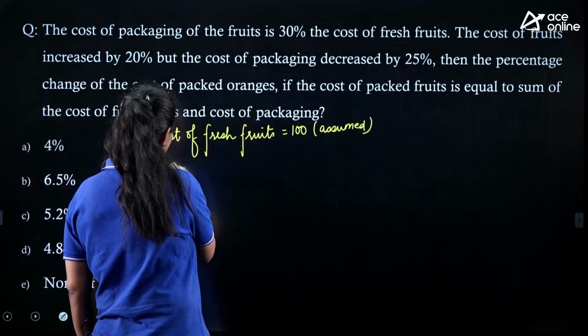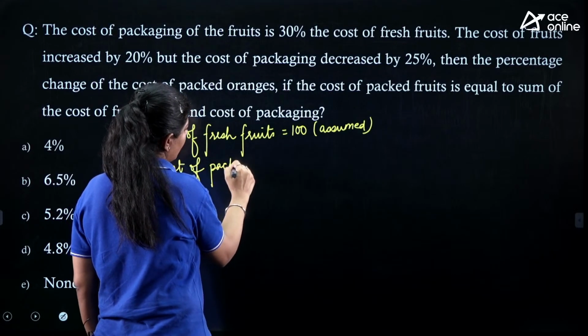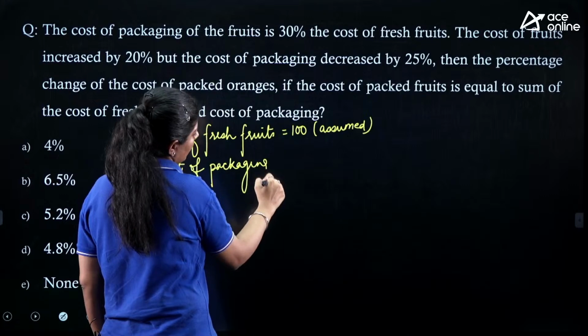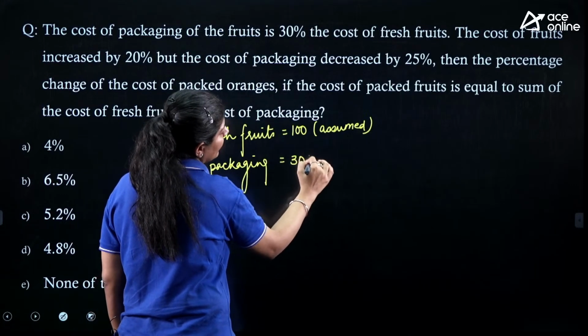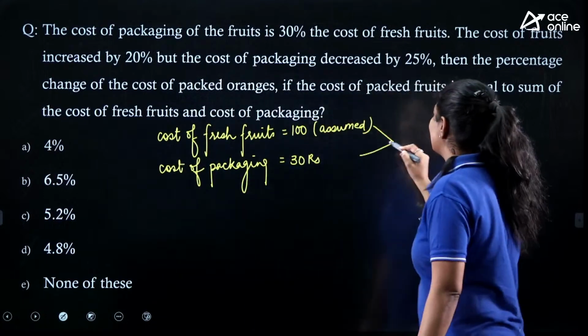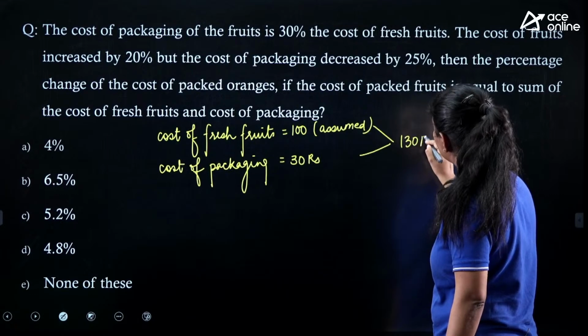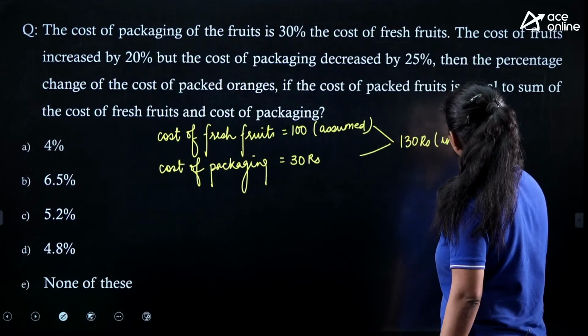So the cost of packaging is 30 rupees, right? So the total amount at the very initial level, how much are we paying? We are paying 130 rupees, right? At the initial level.